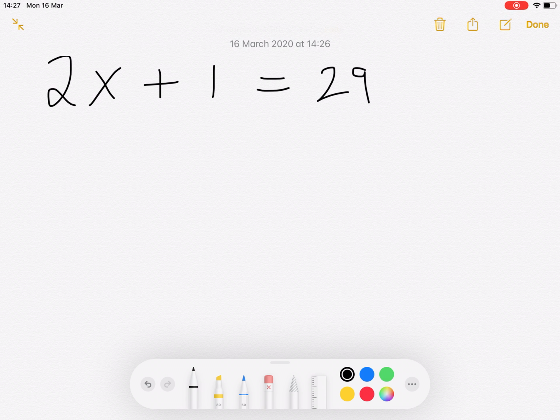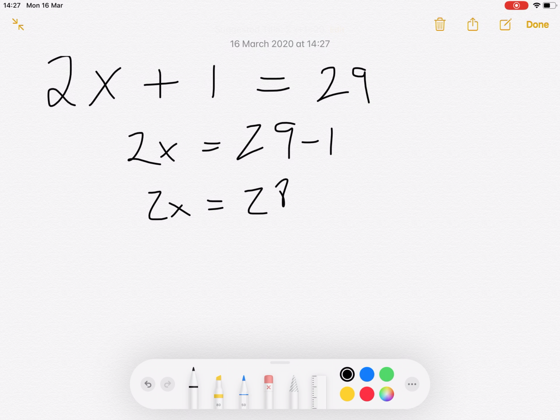So I've written that down, and now we're going to solve. I'm going to solve for x by doing 2x is equal to 29 minus 1. 2x is equal to 28. So x is equal to 28 over 2, which is 14 in that case.